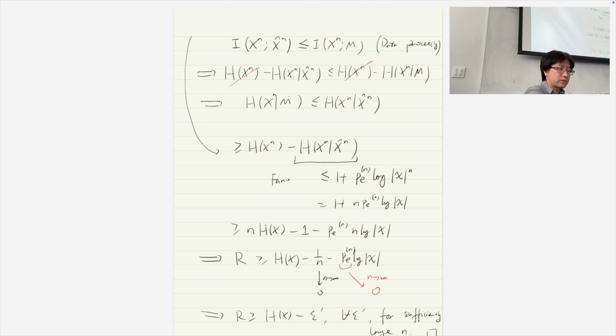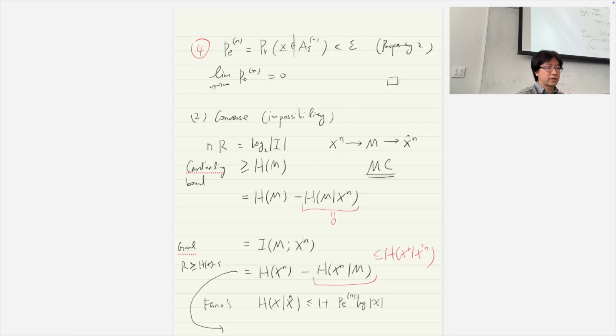Okay, so now let's summarize what we did to prove the converse. As we said before, when we prove a converse, it always follows the steps here. There are 4 steps. Number 1, we need to relate the rate to the entropy of the codeword. Step 2, we need to write everything in terms of this, so basically we need to create the mutual information.